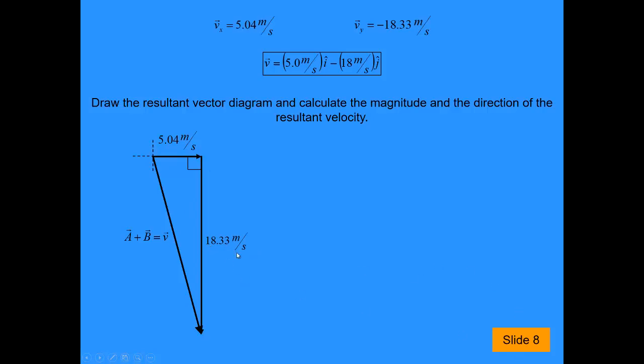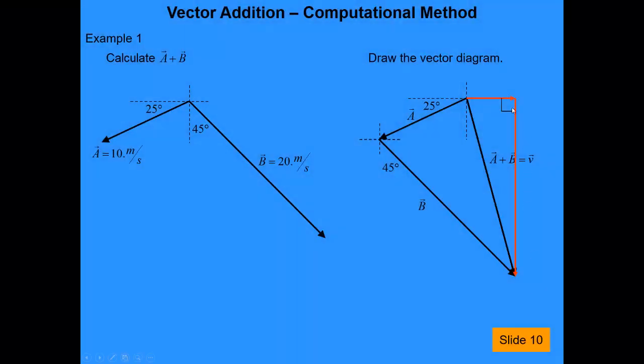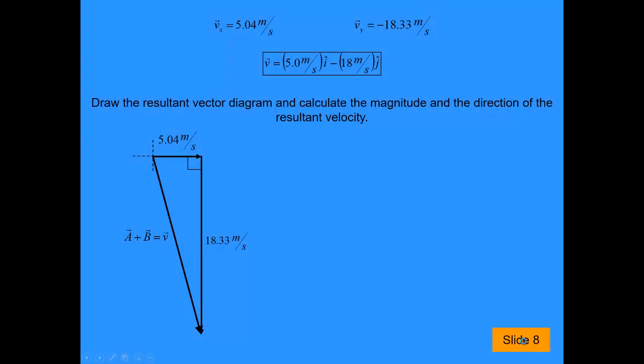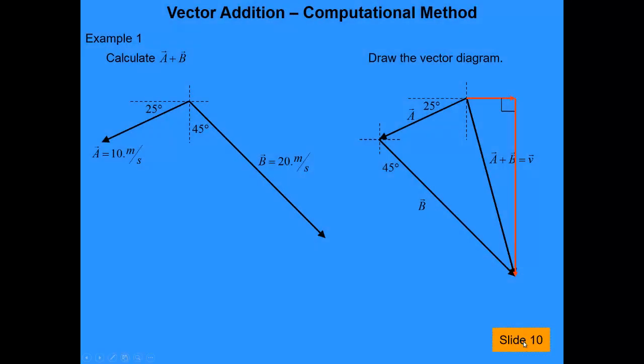So if we compare this to this, isn't it the exact same diagram now, except now we know what the components are? Ah, clever. So if you'll notice here, the only purpose of drawing this diagram was to really give us an idea of what our answer should be.